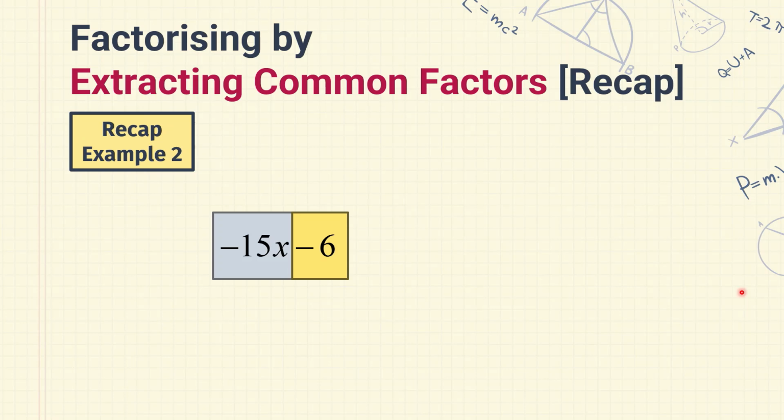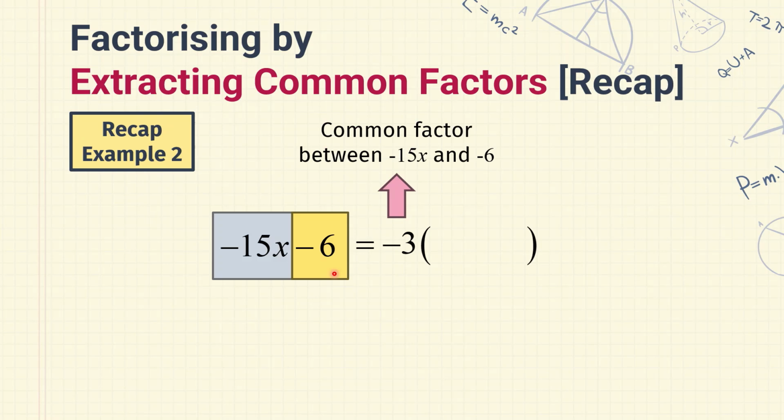We observe that there is a negative sign in both terms, so negative 1 is a common factor. But between 15 and 6, we also notice that there is a common factor of 3. Therefore, the common factor between negative 15x and negative 6 will be negative 3. There is no common factor that is a variable.